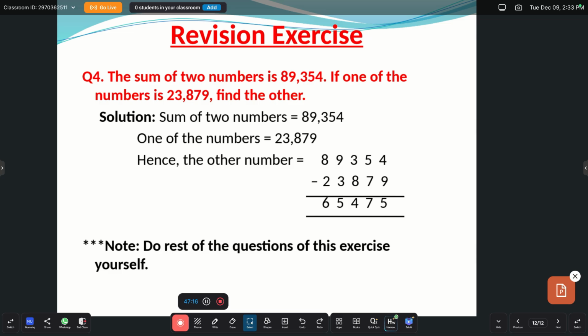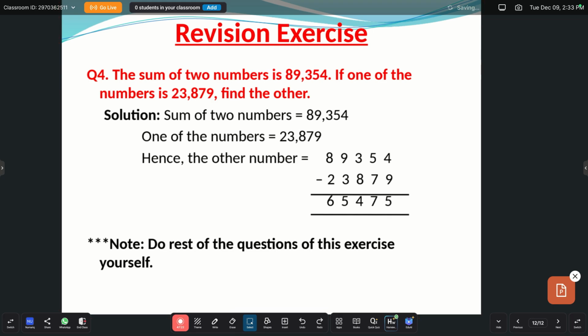Now, we will move to our revision exercise, okay? In this revision exercise, I will show you question number 4. See, beta, what's the question? The question is, the sum of two numbers is 89,354. If one of the numbers is 23,879, find the other one.